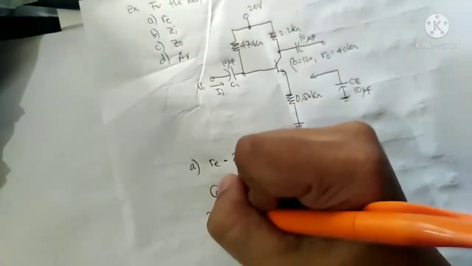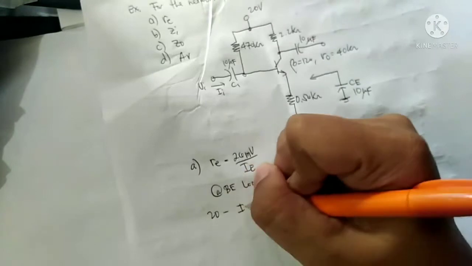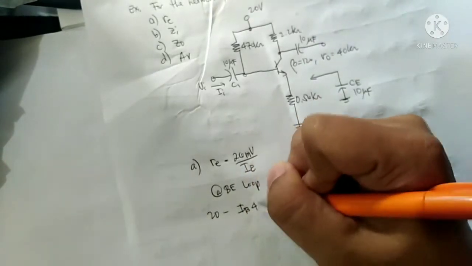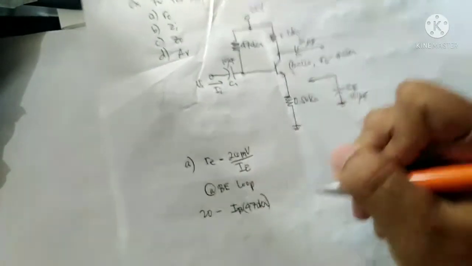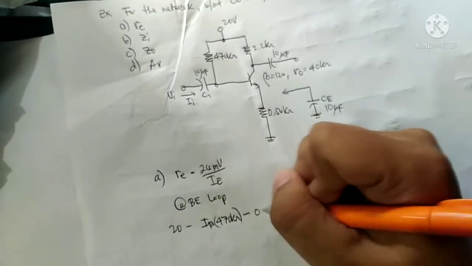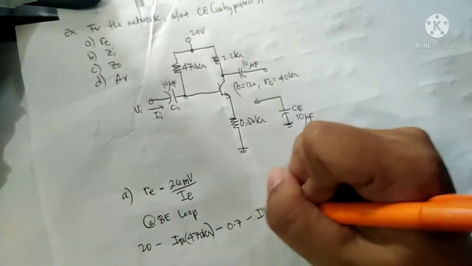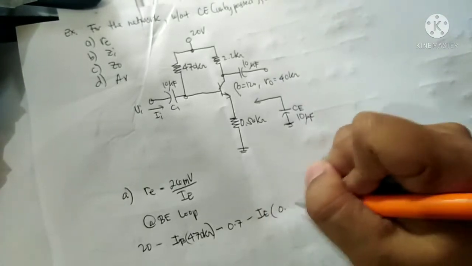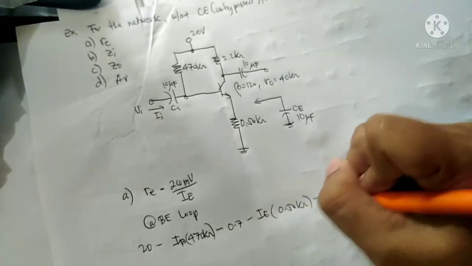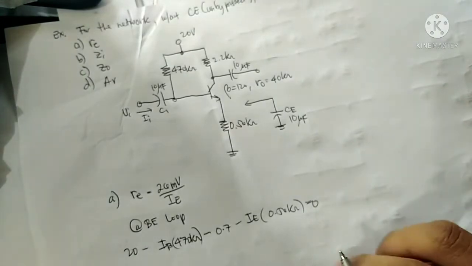Therefore 20 minus Ib times 470k minus 0.7 minus I sub E times 0.56 kilo ohms equal to 0.